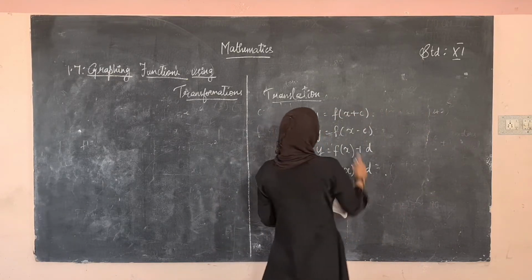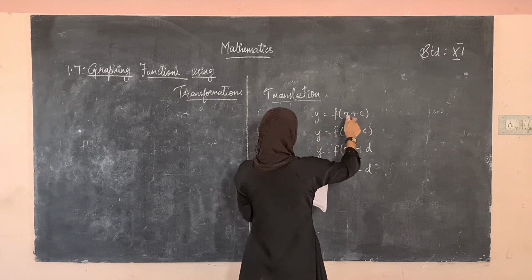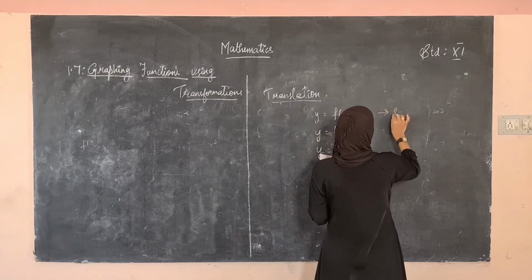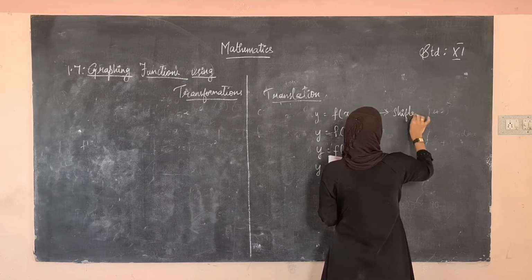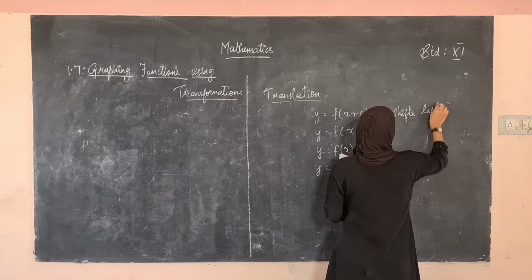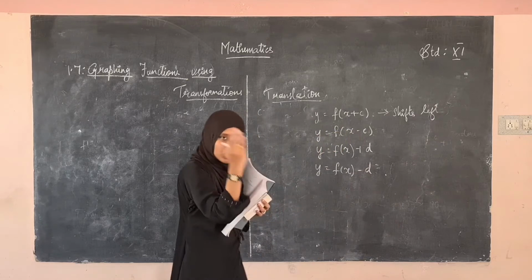When it is f of x plus c, the graph shifts one unit to the left.